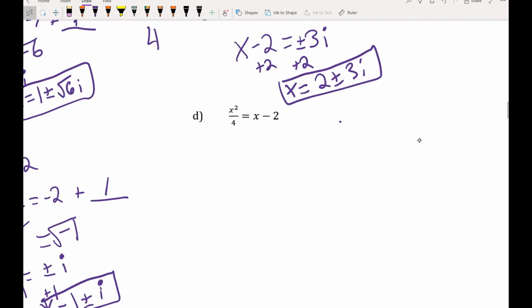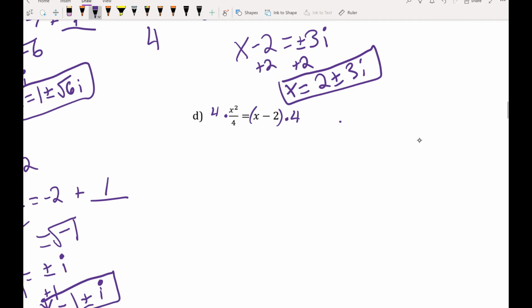Now, D might look a little different than the ones we've done so far, but I claim the process is exactly the same once we do one thing. We normally have this x squared with a coefficient of 1 in the front, but I notice it's being divided by 4. To undo the division by 4, we can just multiply by 4 on both sides of the equal sign.